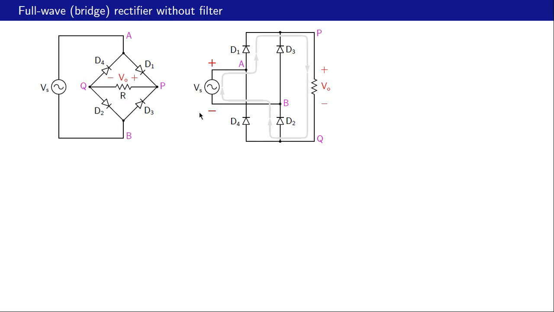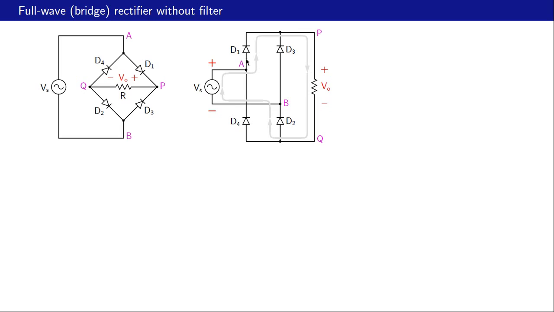Let us consider Vs to be positive. Then node A is at a higher potential than node B, and the conduction takes place through D1, then the load resistor, and then through D2.